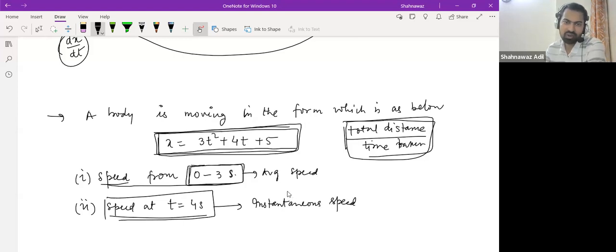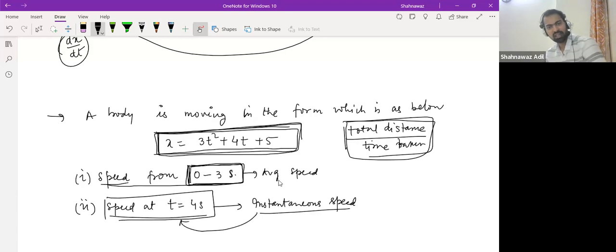So whenever this kind of question is given, in parametric form, x as a function of t, for the average speed this information would be given, and for the instantaneous speed, only the time would be given. Is that clear, guys?